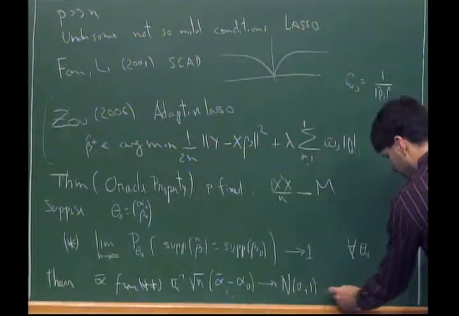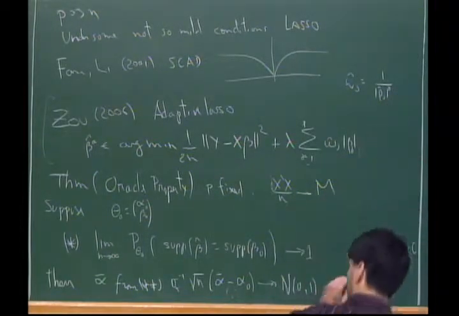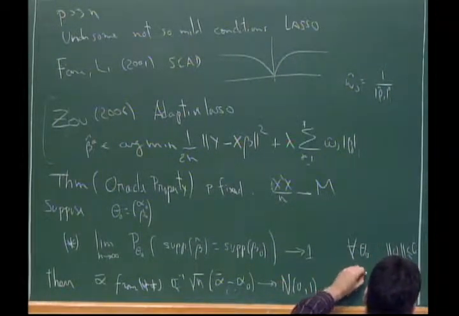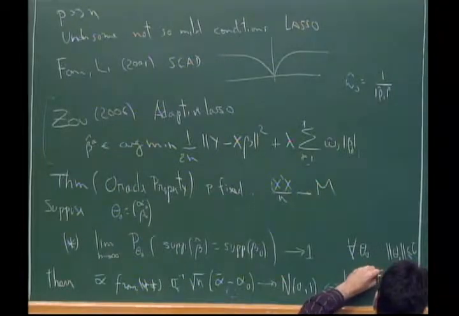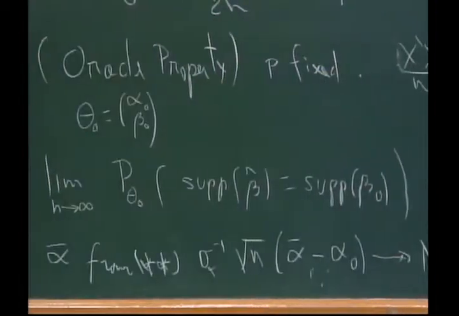So this statement is equivalent to the limit as n goes to infinity of the probability according to P naught of the distribution, and here I'm going to run out of space, so let me go to the other side.